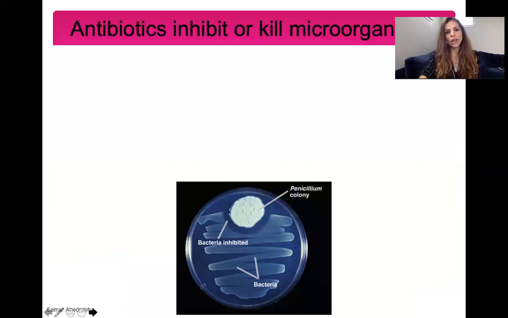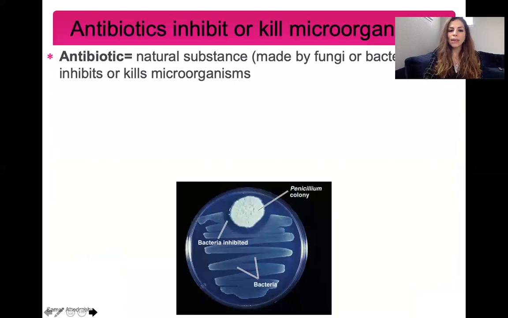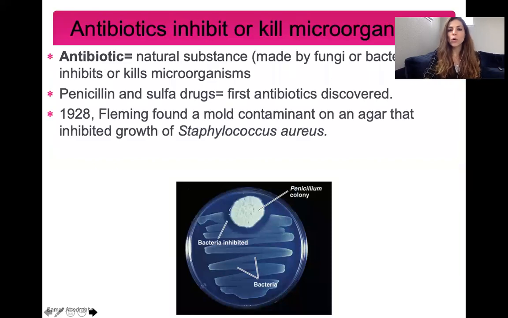So we're going to start with just some background on antibiotics. Antibiotics either kill or inhibit the growth of microorganisms or microbes. So they're natural substances made by fungi or bacteria to inhibit the growth, meaning limit the growth, or kill microorganisms, usually other bacteria. You may wonder why bacteria would produce antibiotics.